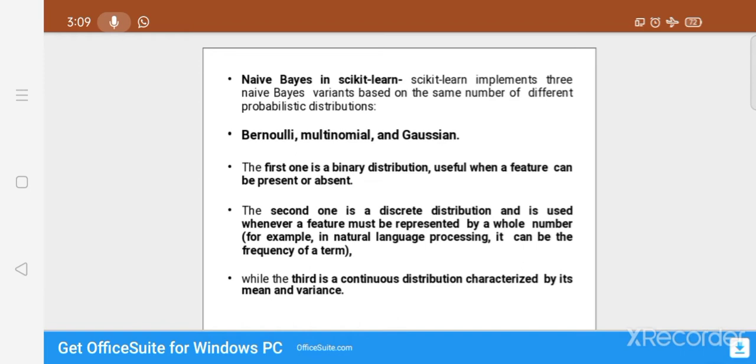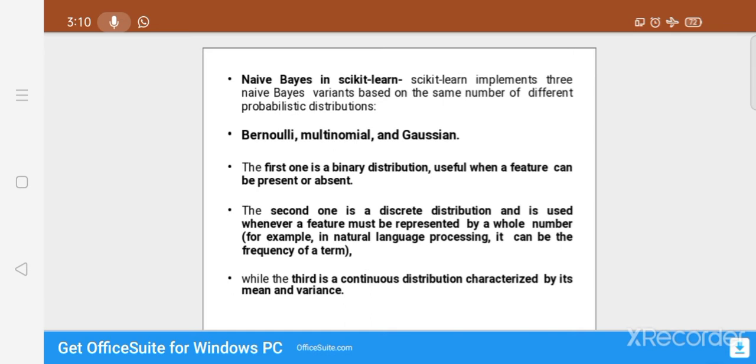The first, Bernoulli, is a binary distribution, useful when a feature can be present or absent, or 0 and 1. Second is the discrete distribution, used when a feature must be represented by a whole number.